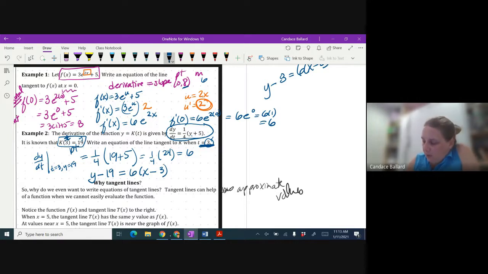Now, another way I could write it, I'm doing this on purpose because I'm trying to build us up to where we're going today, is I could move this 19 to the other side, and I'm going to put it in a weird place. I'm going to put it in front. So I could add the 19 to the other side. And that's another way to write the same equation of a line, okay?